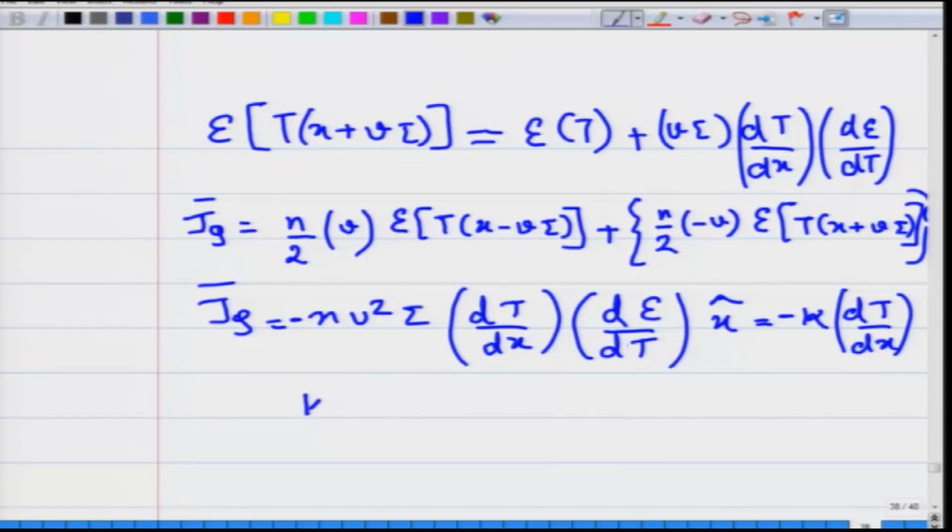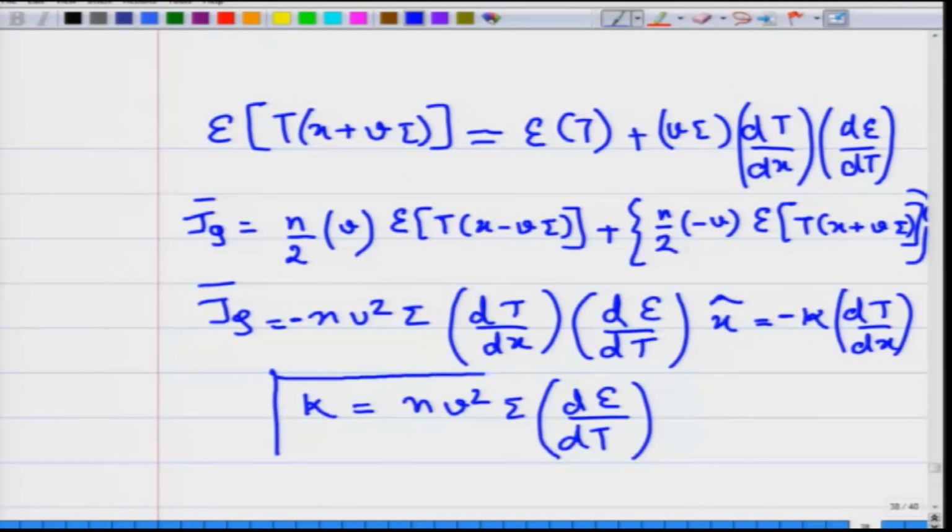And so your thermal conductivity turns out to be n into V square tau dE by dT. So, using this Drude's idea, you can get an expression for the thermal conductivity of the metal.